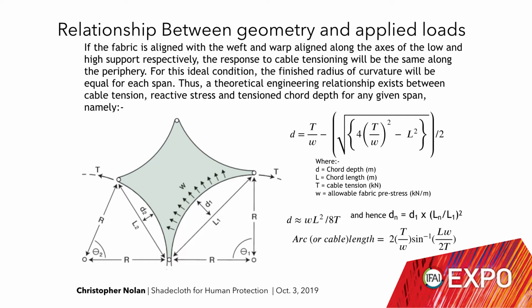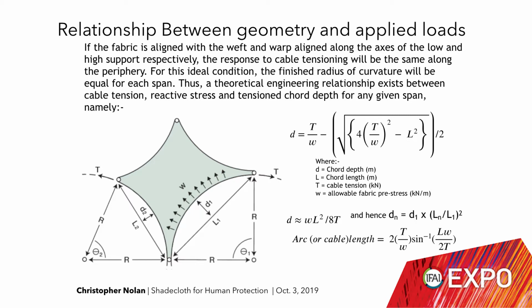So you can calculate for the allowable tension in the cable, the design stress, and the length between the thing, what the finished chord depth would be. So and this can be approximated by that equation, and hence you can derive a relationship between each of these particular depths using that expression there. And you can get the arc and cable lengths using that expression.